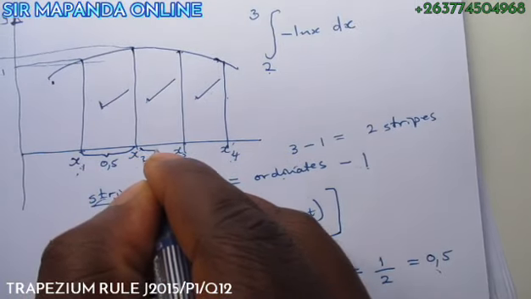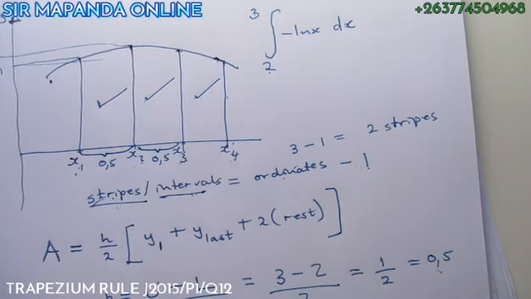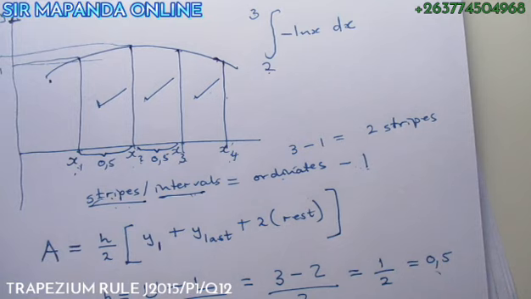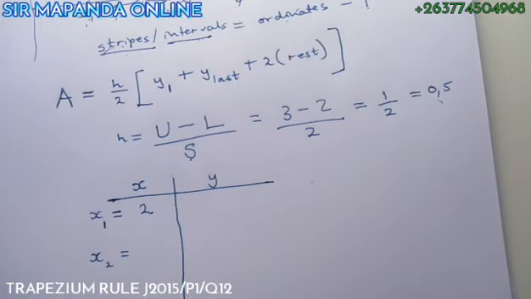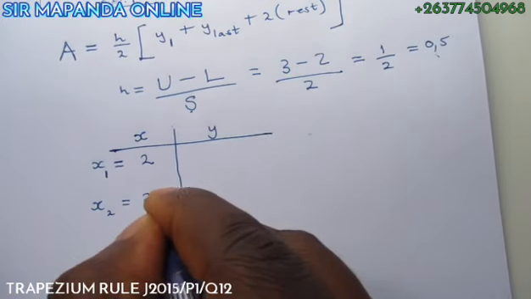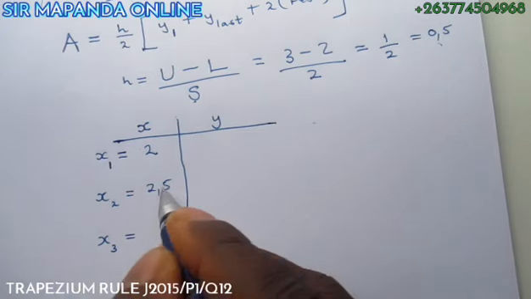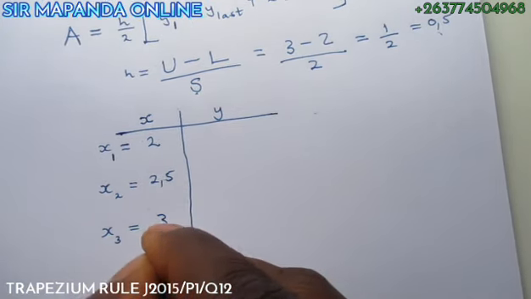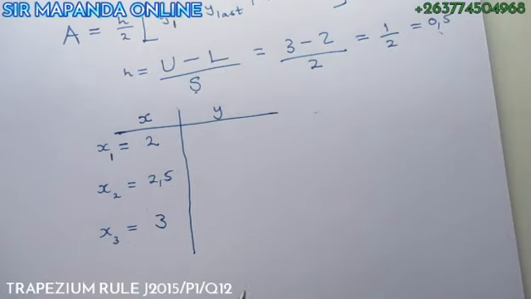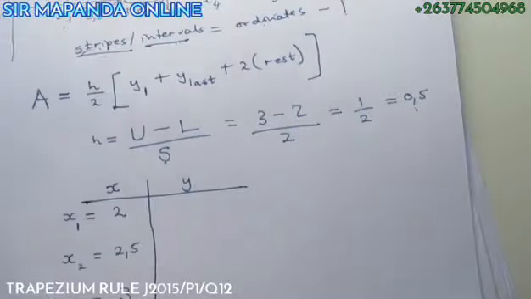From x2 to x3, you simply add 0.5. So 0.5 is acting as a common difference between x1 and x2, and x2 and x3. So to find x2, you add 0.5 on 2, you get 2.5. Then to find x3, you add 0.5 on 2.5, you get 3. So the last ordinate, which is 3, must be similar to the upper limit. I hope you are following.